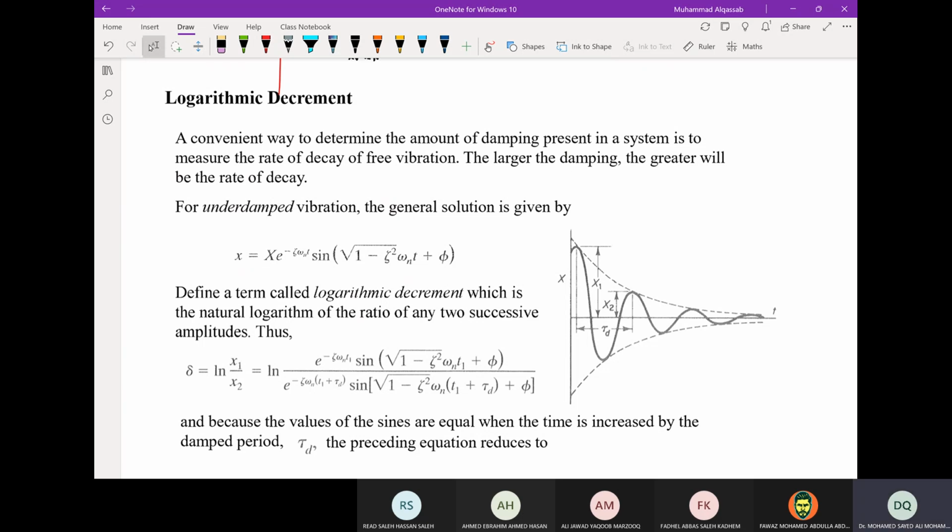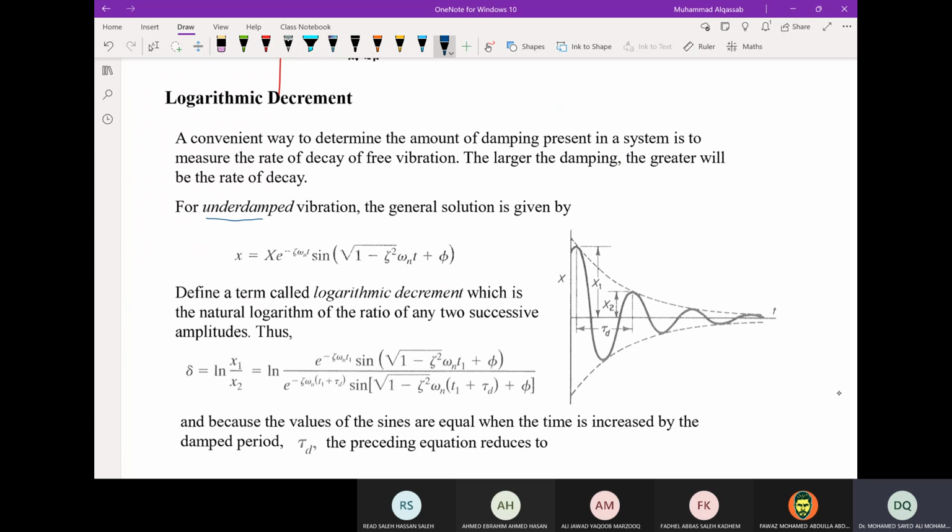We have a few minutes. Logarithmic decrement is a convenient way to determine the amount of damping present in a system, by measuring the rate of decay of a free vibration. This is related to the underdamped system. The larger the damping, the greater will be the rate of decay.